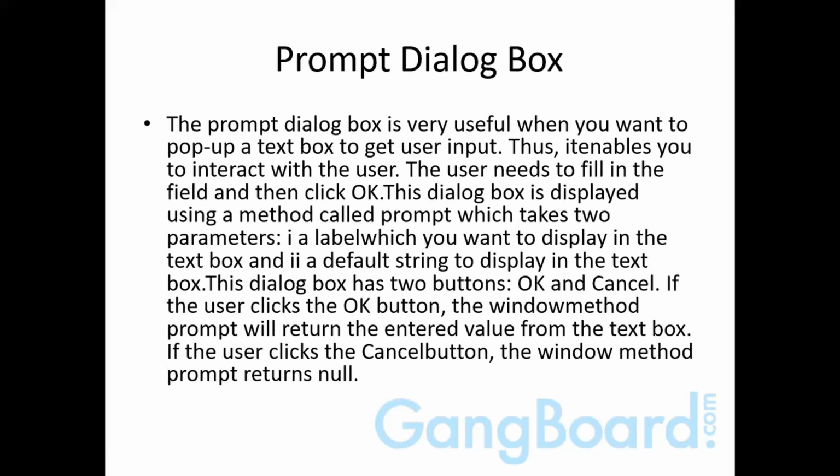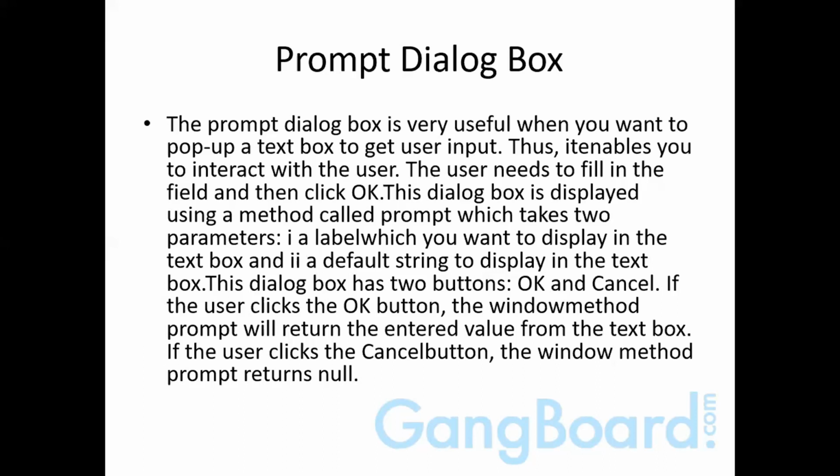Now we are seeing the prompt dialog box. The prompt dialog box is very useful when you want to pop up a text box for user input. Thus, it enables you to interact with the user. The user needs to fill in the field and then click OK. This dialog box is displayed using a method called prompt, which takes two parameters: a label which you want to display in the text box, and a default string to be displayed in the text box.